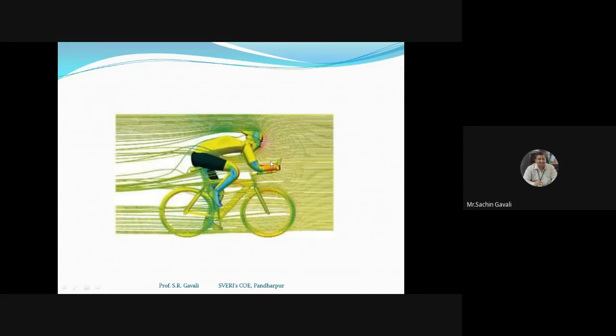In this bent position, he gets less resistance from air. Therefore, in cycling races, sports cyclists make themselves bend while driving the cycle, because in this position very less resistance is offered to the body. This way, this chapter is going to help us.